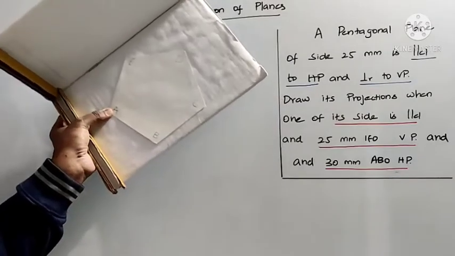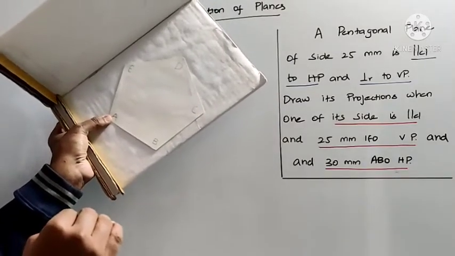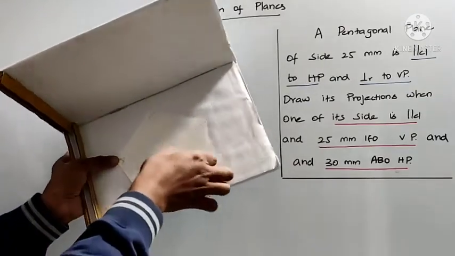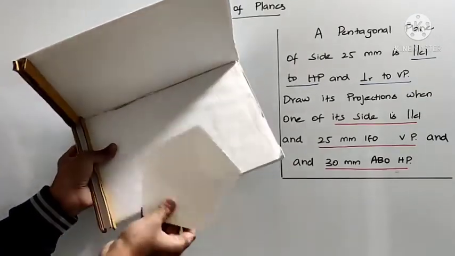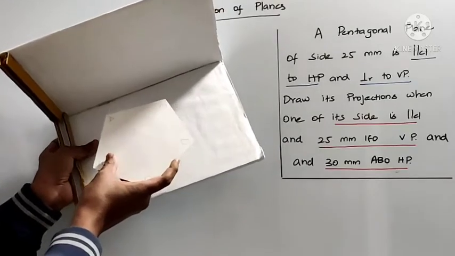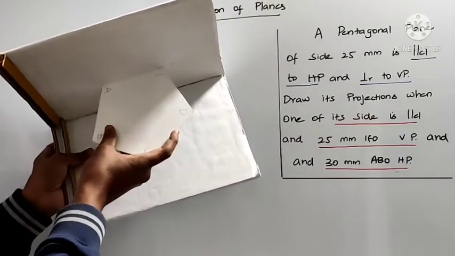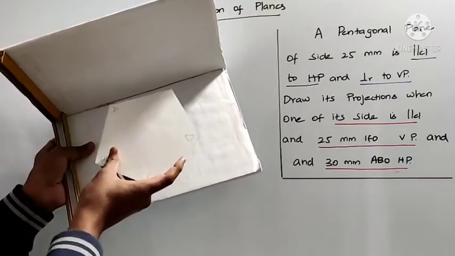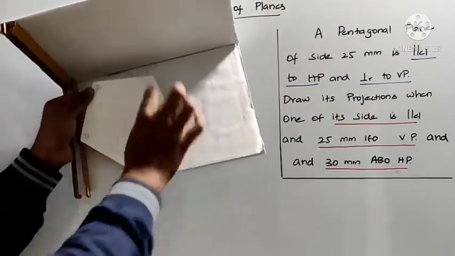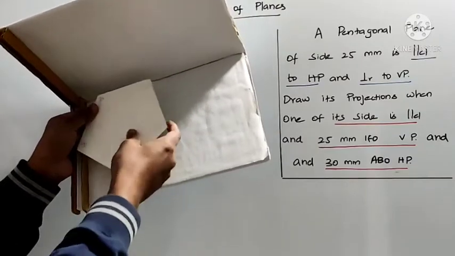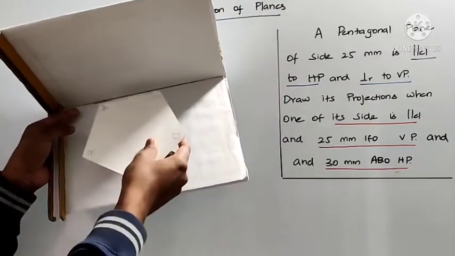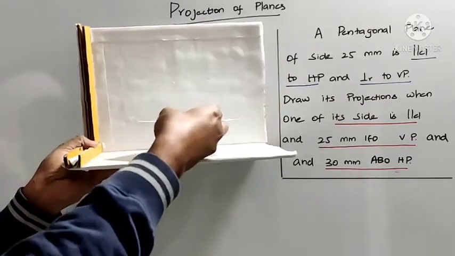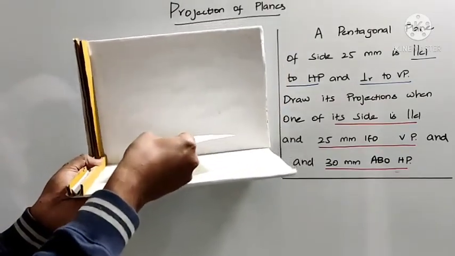Take any one side; it should be parallel to VP and 25 mm in front of VP, something like this. So this distance should be 25 mm, and 30 mm above HP. So this distance should be 30 mm.